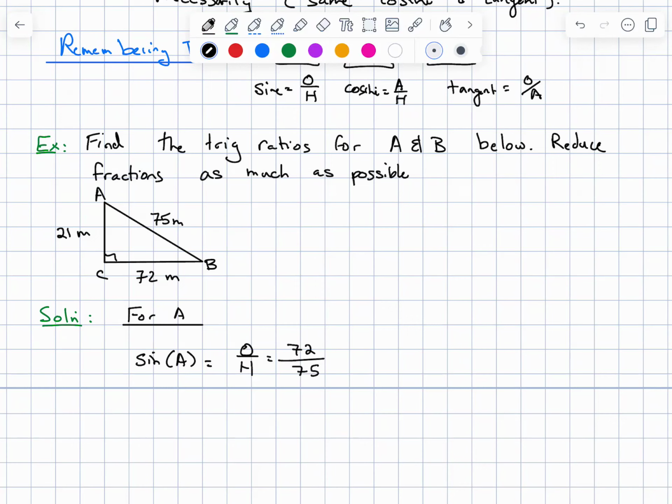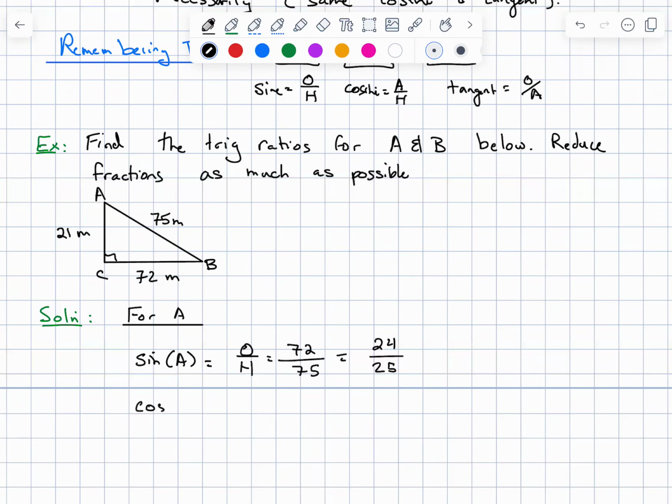But otherwise, you can realize that 72 is 3 times 24 and 75 is 3 times 25. So this reduces down to 24 over 25. And that's as far as we can go because 24 and 25 are relatively prime, which means they have no common factors. That is sine of A.